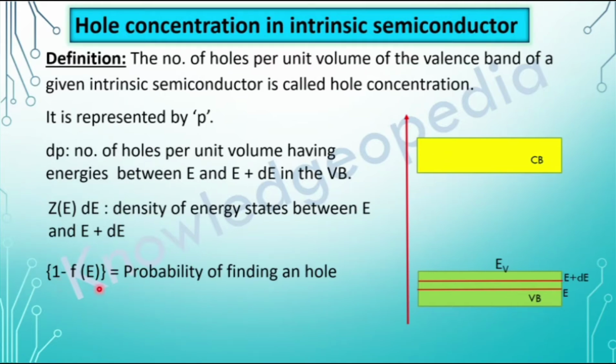After getting these two functions, we can find dP by multiplying the density of states with the probability. That means dP equals Z(E)dE times 1 minus f(E). Z(E)dE is the density, 1 minus f(E) is the probability, and dP is the small number of holes available between energy states E and E plus dE.